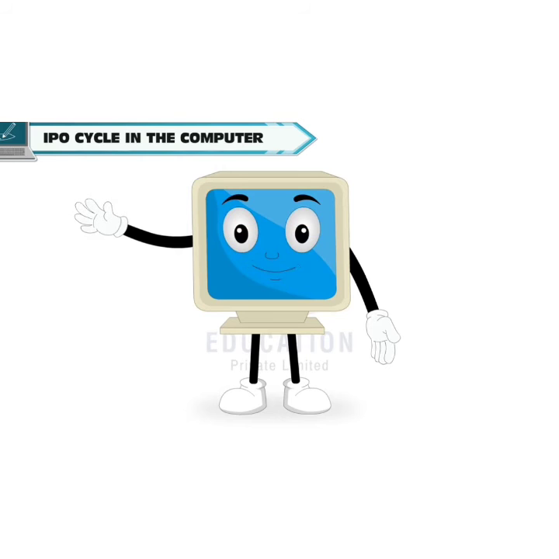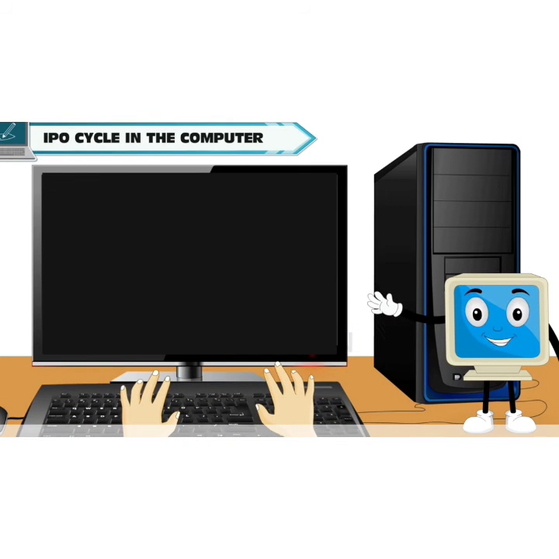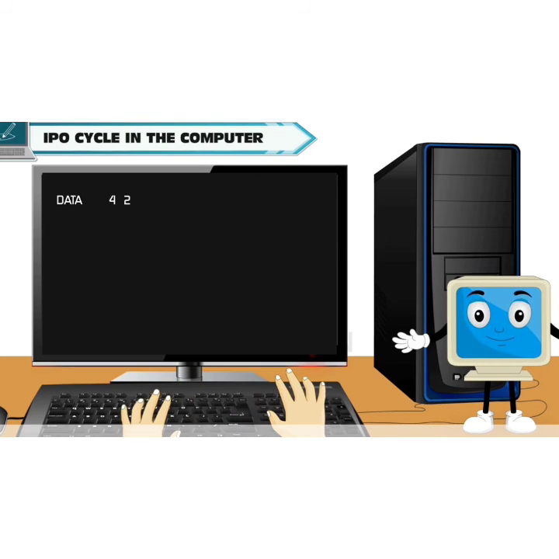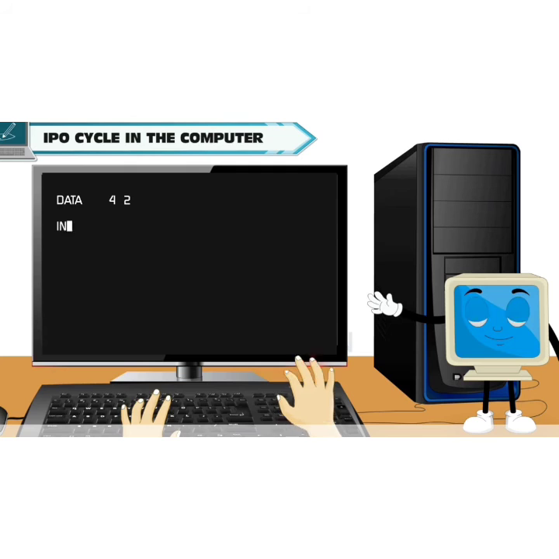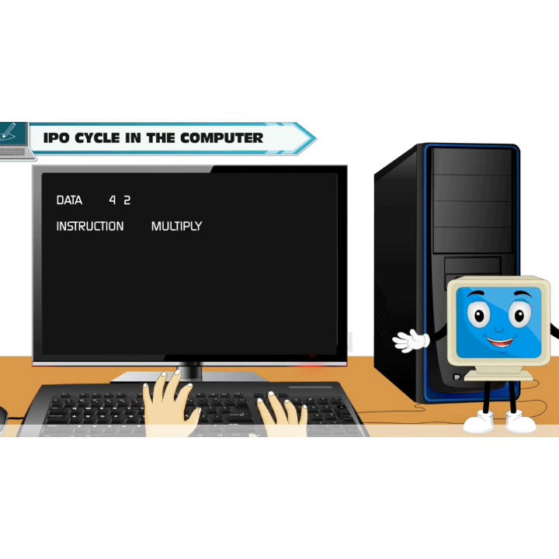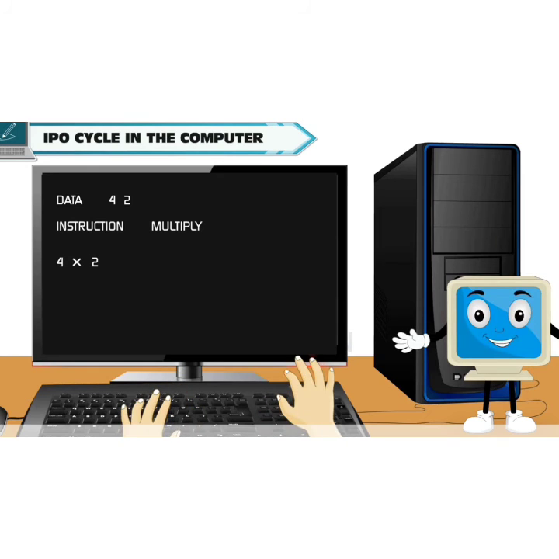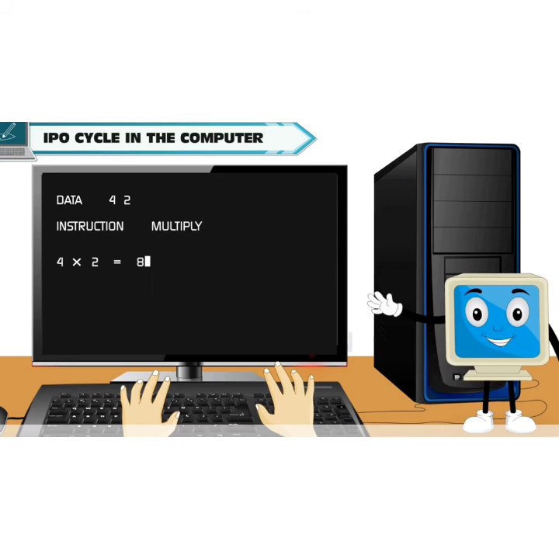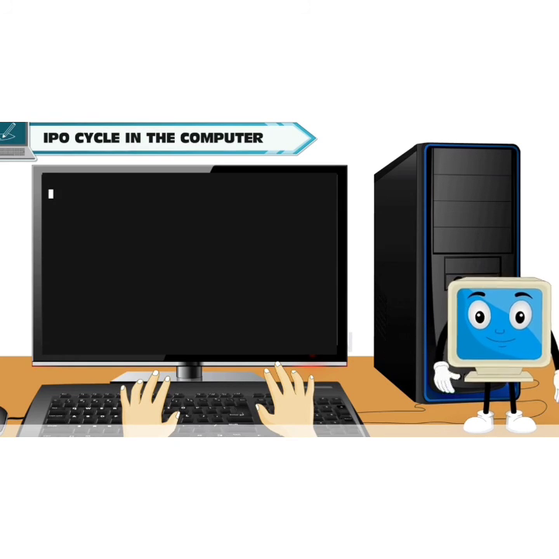One is the data. Like in the example, the data is the numbers 4 and 2. The other part is the instruction. That is, we have to tell the computer what to do with the data. Here, the instruction is to multiply. In the processing phase, CPU will multiply 4 by 2 and 8 is the result or final output.